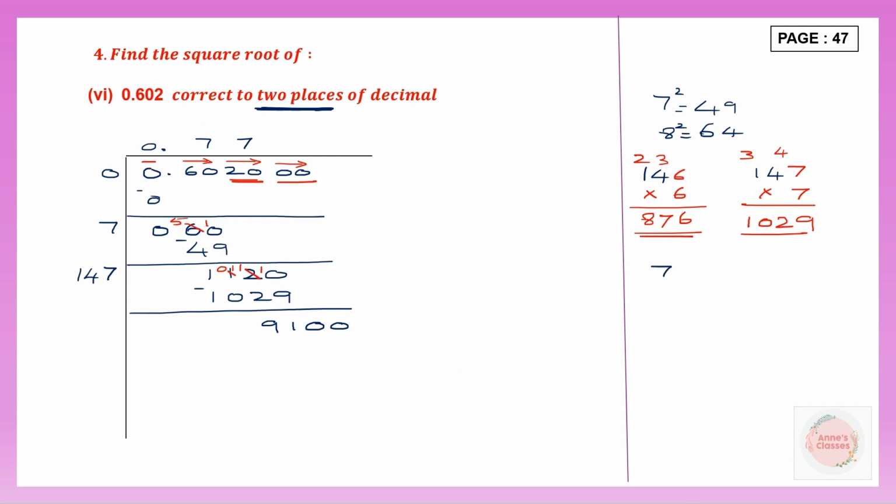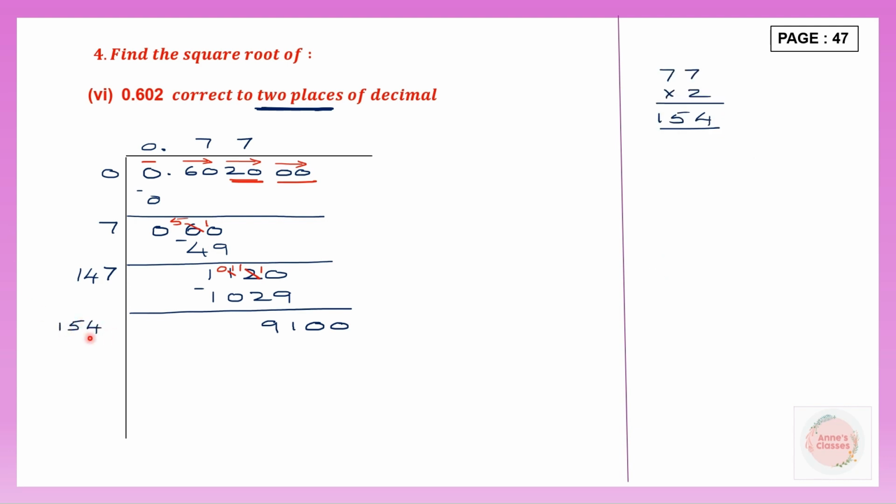Next step, we have to double 77. So let's do that. 77 into 2. 2 sevens are 14, carry 1. 2 sevens are 14 plus 1, 15. 154. So let's write 154 here. Now we have to write a digit next to 154 and multiply by it to get a number close to 9100.